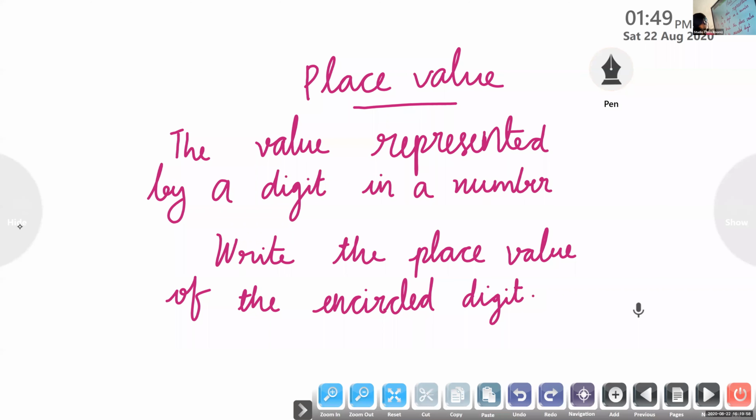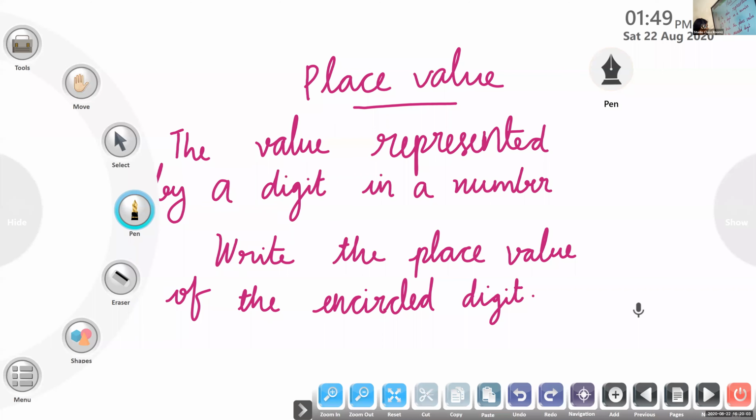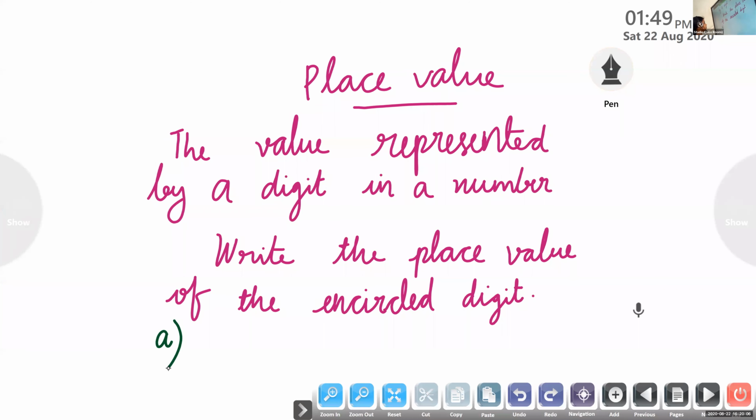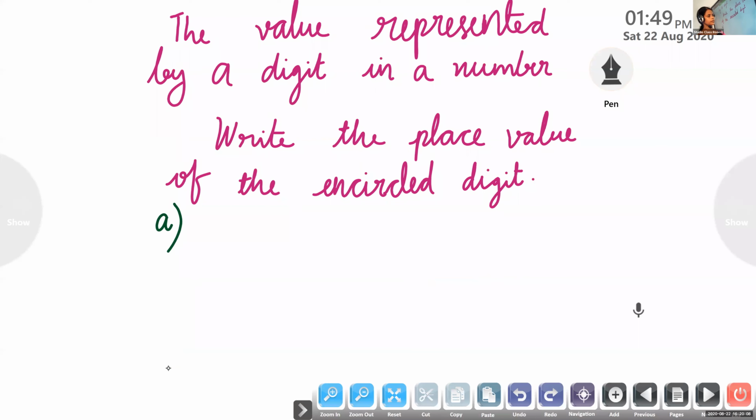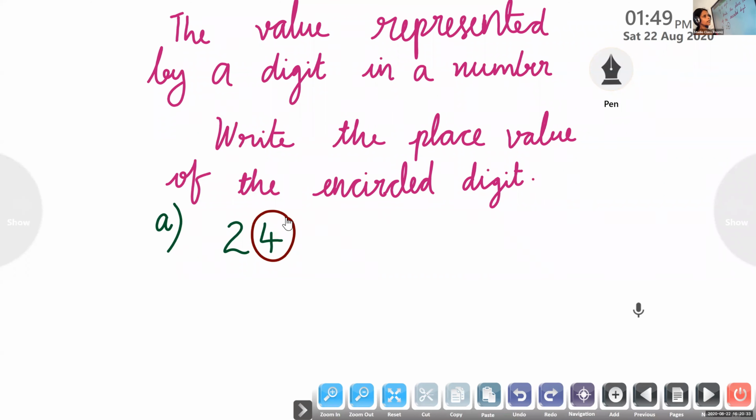And we have the first number, 24. And in the number 24, 4 is encircled.